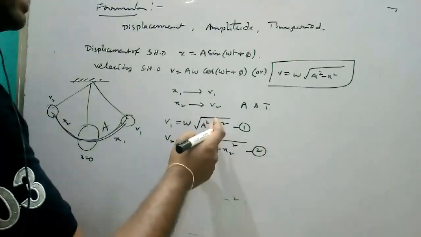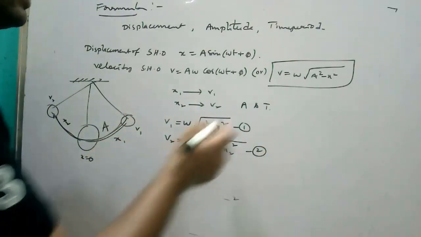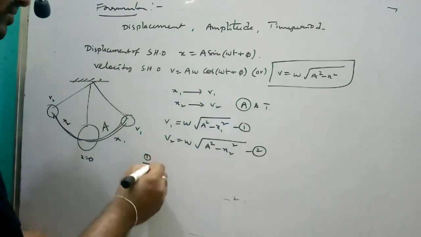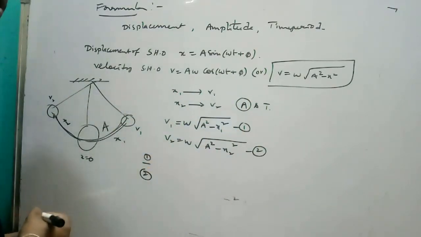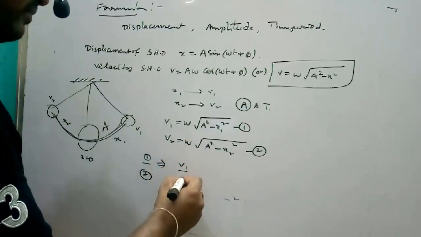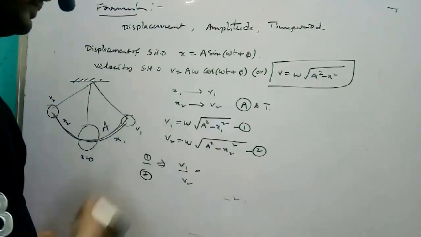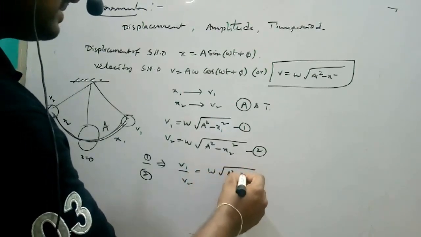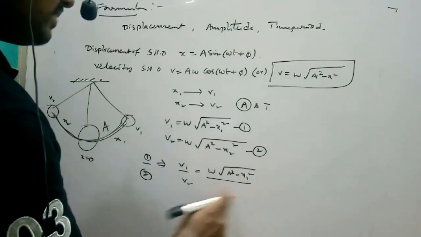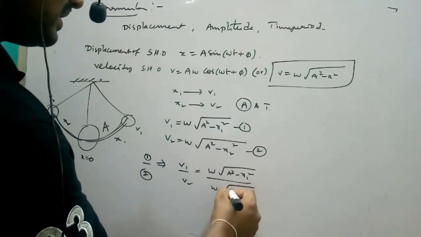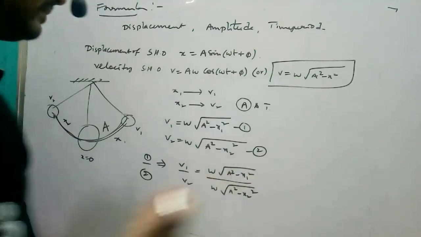Now we have to calculate the amplitude value first of all. So that's why we take the ratio of equation 1 by equation 2. We are getting v1 by v2 equal to omega under root of a square minus x1 square by omega under root of a square minus x2 square.